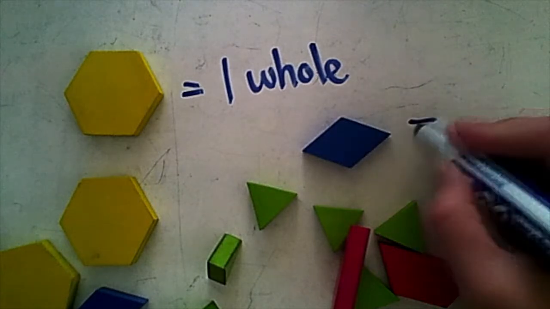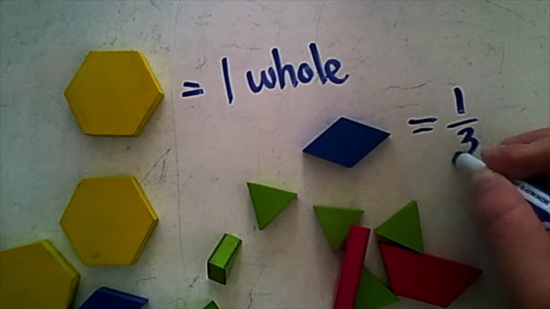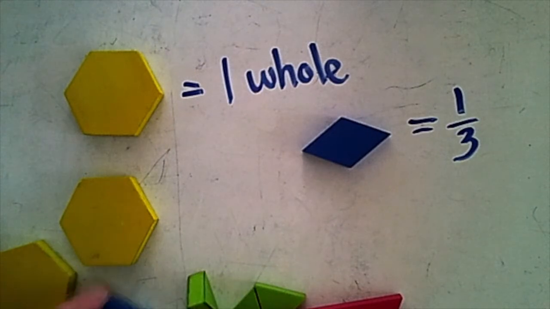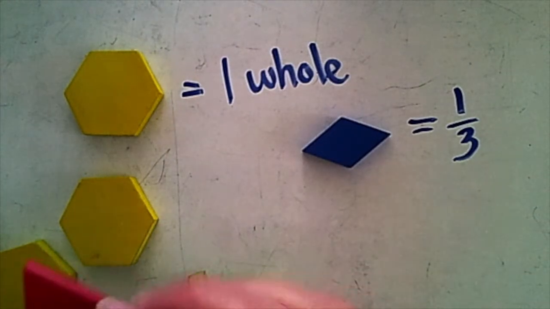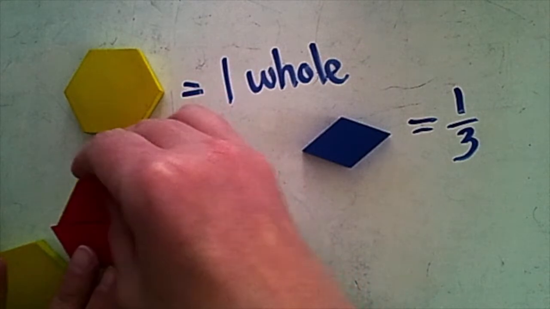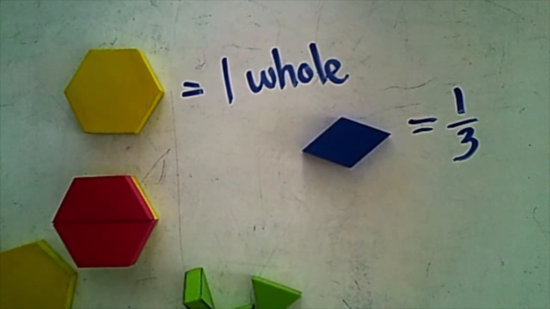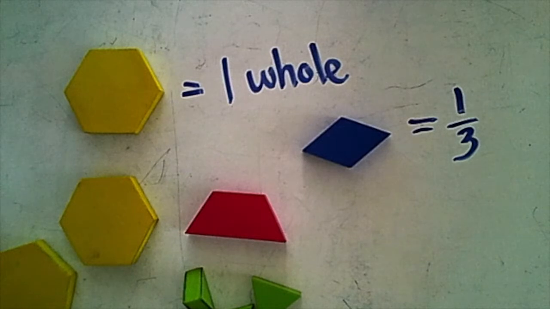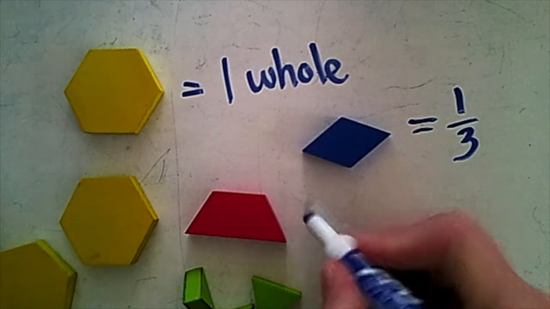This equals 1/3. Now let's use the red pieces. How many red pieces fit on the yellow? Okay, there are 2. So this red piece equals 1/2.